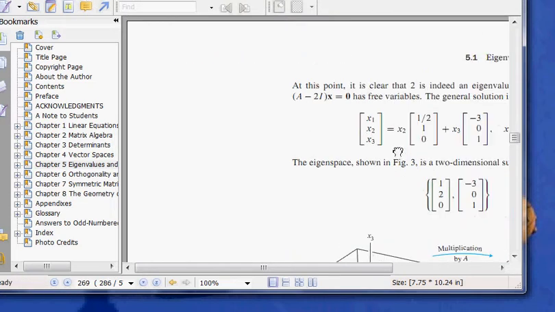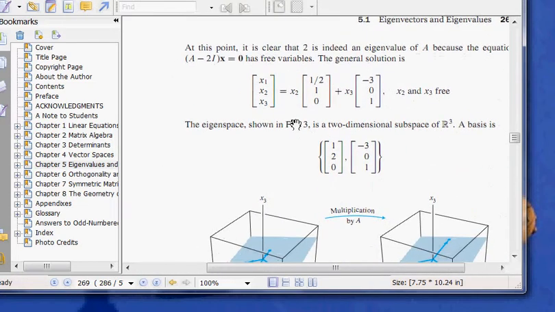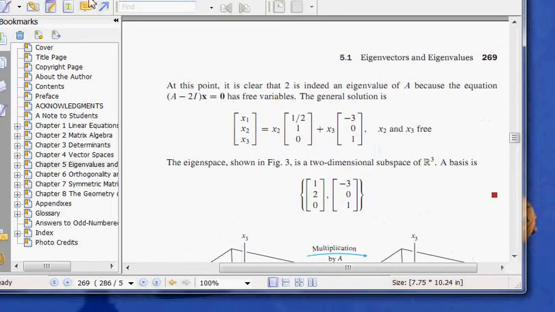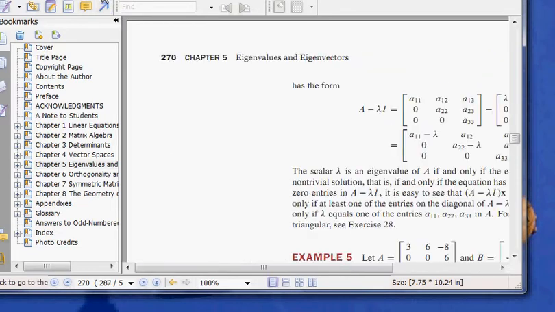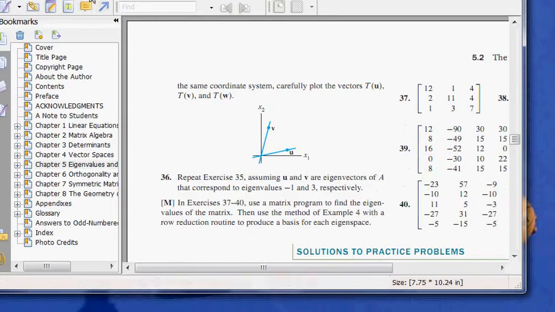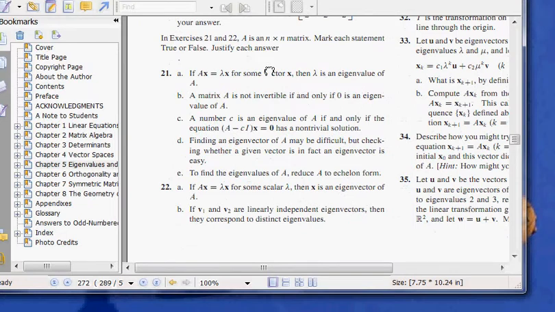These two right here are linearly independent eigenvectors, yes. And they correspond to the same eigenvalue. So going back to this multiple choice: if v1 and v2 are linearly independent eigenvectors, they correspond to distinct eigenvalues? No, that's false.